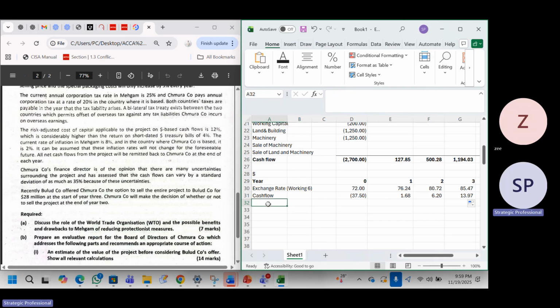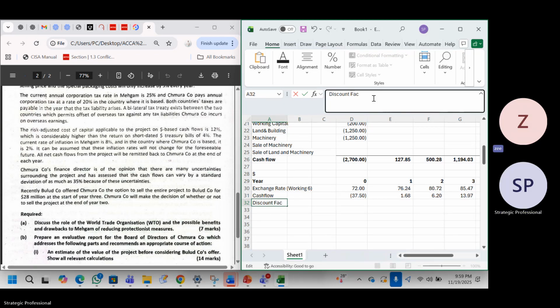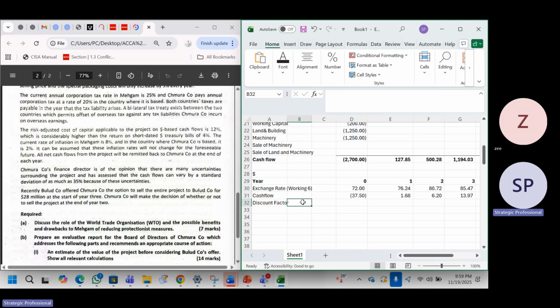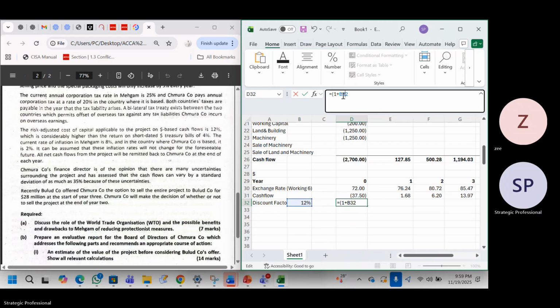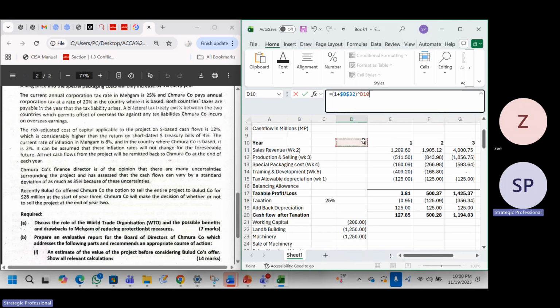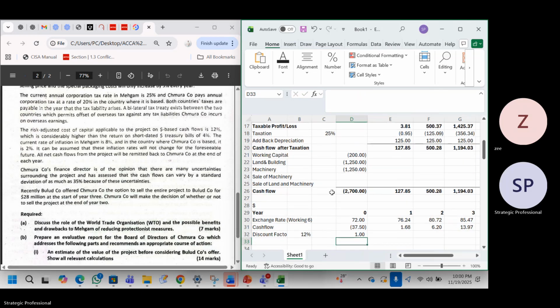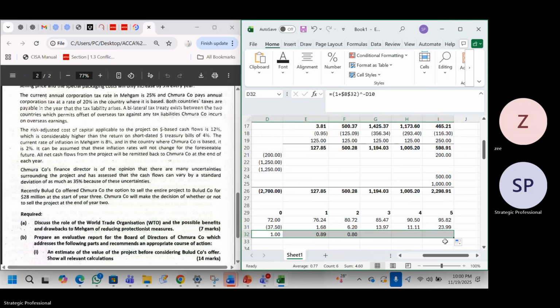So, what is the discount factor? We agreed that it is 12%. What do I need to do? I just do one plus 12%, raised to the power minus this.